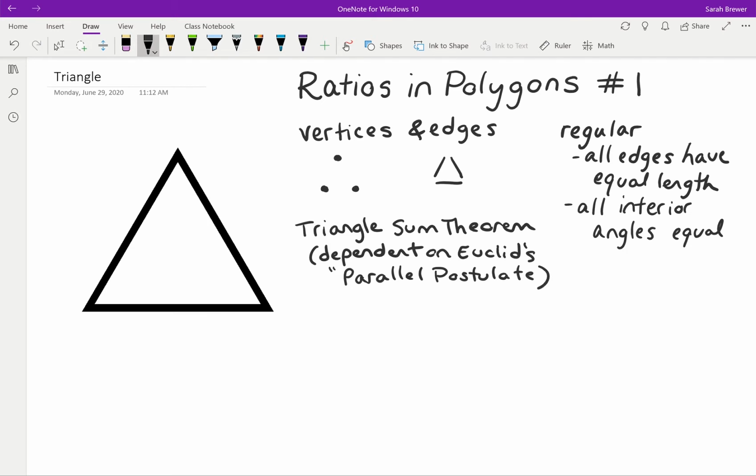The Triangle Sum Theorem says that in Euclidean geometry, there are non-Euclidean geometries, the sum of all of the angles in a triangle is 180 degrees or pi radians.